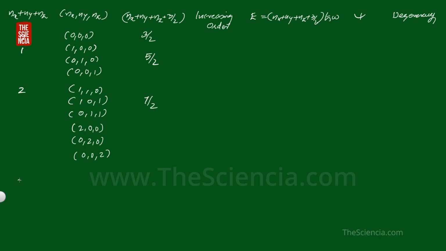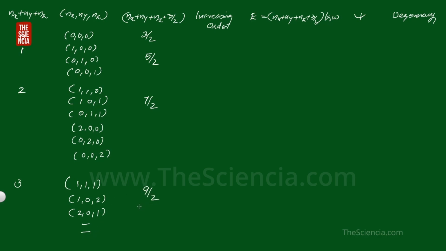And if you are taking 3, you can make 3 by combination 1, 1, 1 or 1, 0, 2 or 2, 0, 1 and many other combinations also you can make. Please try it by yourself. So for all these states, you will get energy 9 by 2.